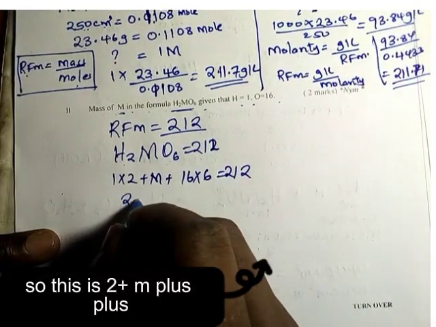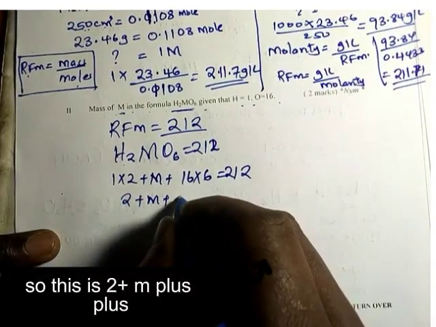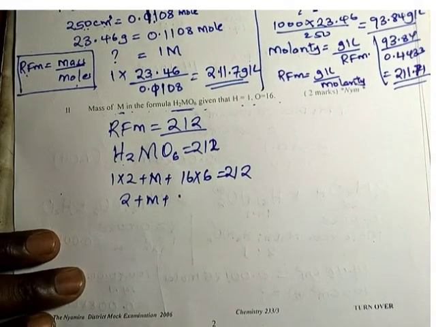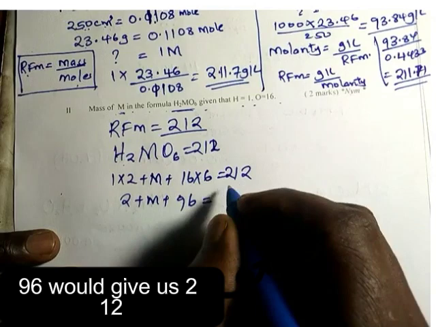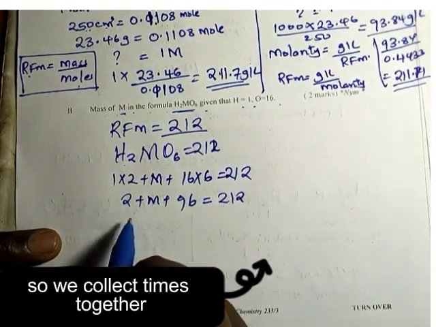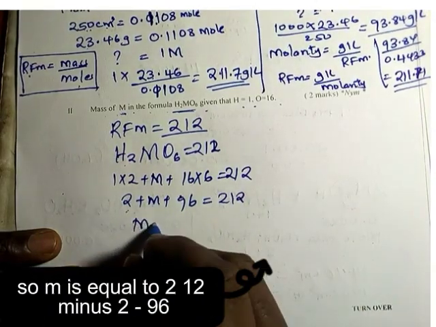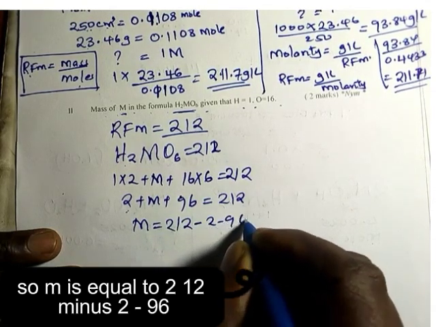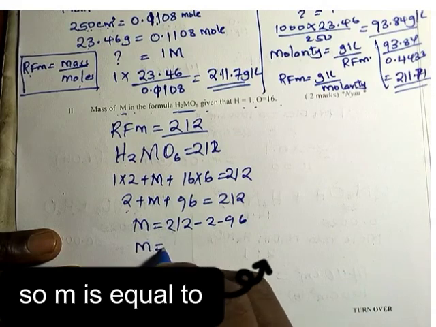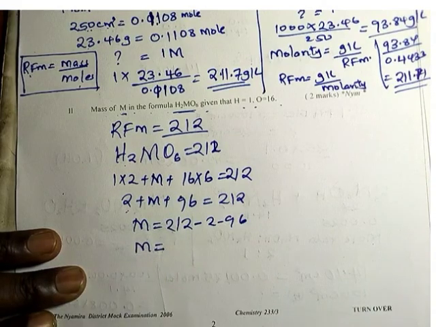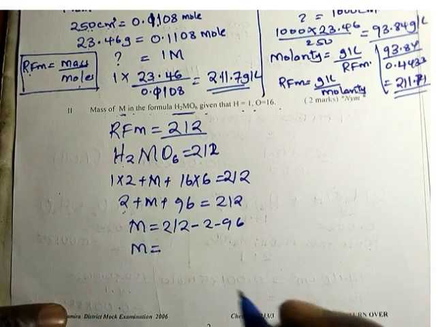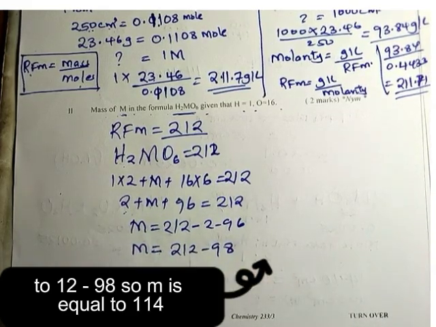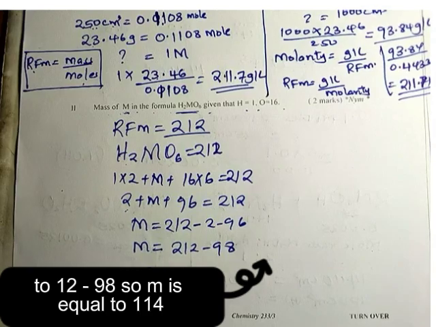So this is 2 plus M plus 96 will give us 212. So we can collect like terms together. So M is equal to 212 minus 2 minus 96. So M is equal to 212 minus 98. So M is equal to 114.